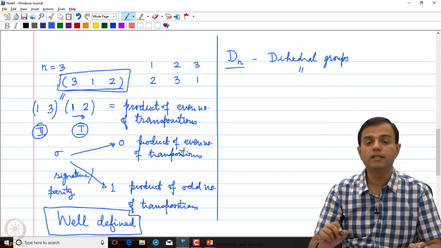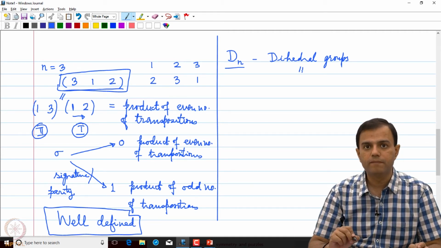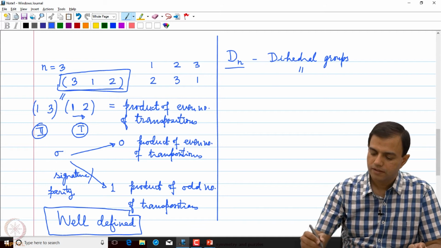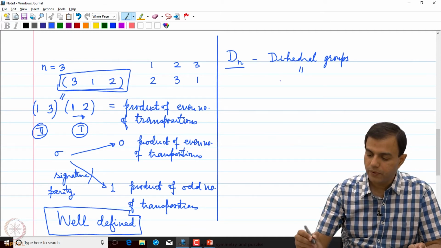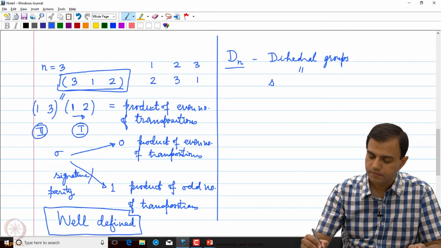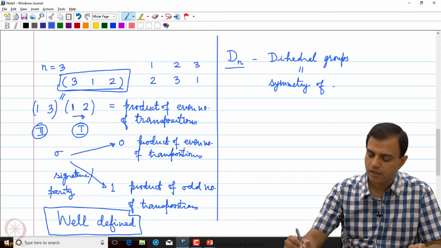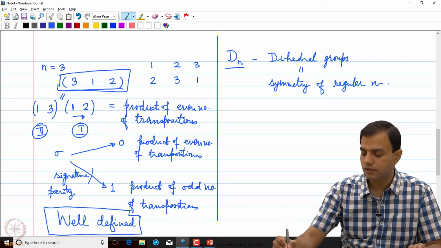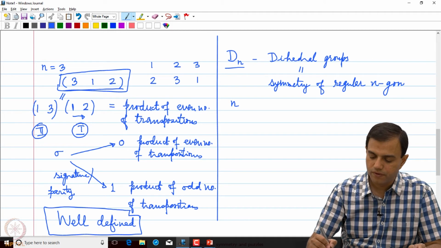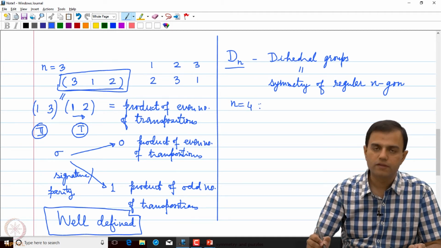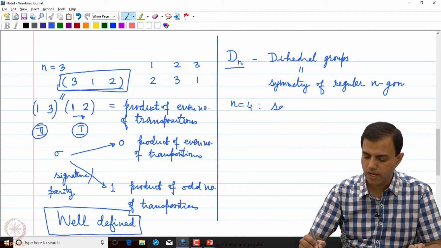Yesterday we had seen symmetry of rectangle. So today we are going to see symmetry of regular n-gon. So for n is equal to 4, the regular n-gon is square.